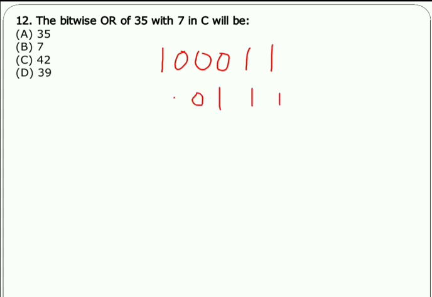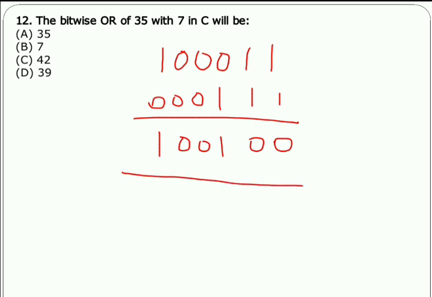So the remaining will be zeros. So perform the OR of these two binary values. Then 0 0 1 0 0 1, so 1 0 0 1 1 1. Okay. So if you perform the bitwise OR and then convert these values into decimal format, then you will get the answer.